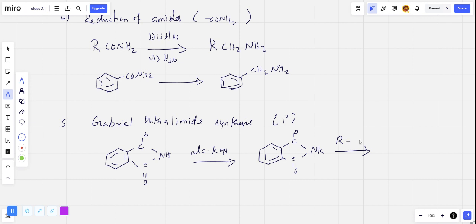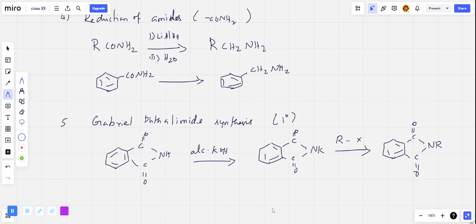When this reacts with alkyl halide, we will get the same thing. You don't change anything here. So here, instead of this K, it is replaced by an alkyl group, NR.